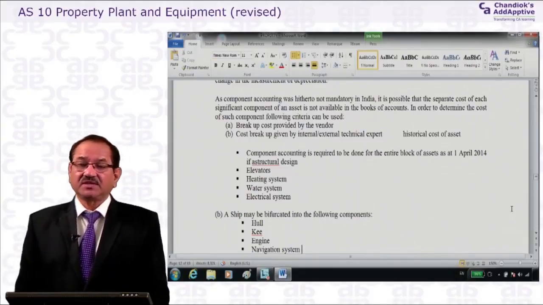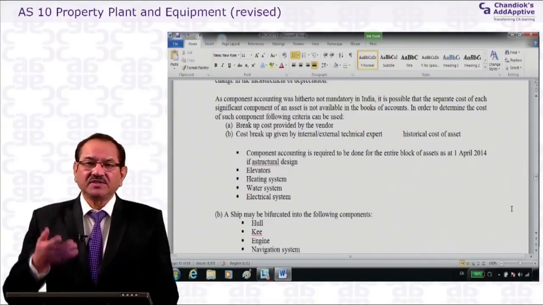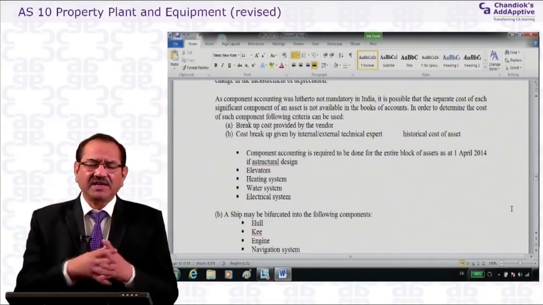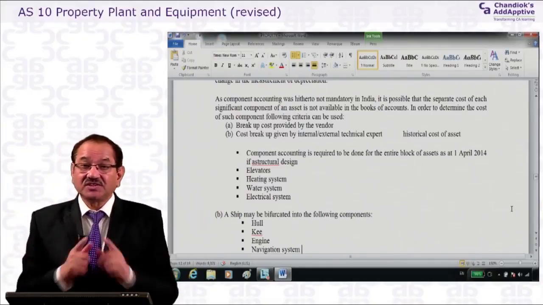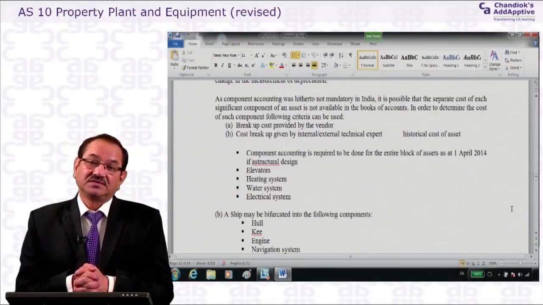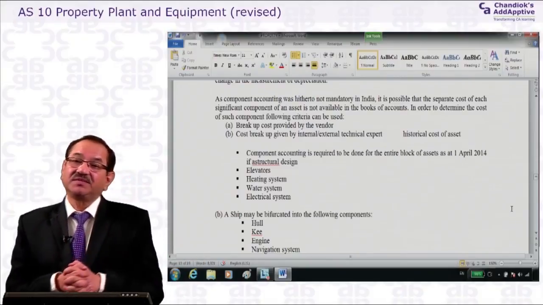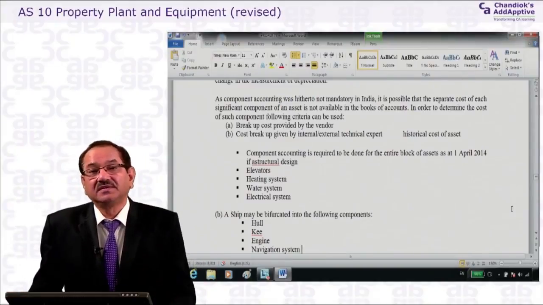It's a significant component. Those lifts or elevators have a life of only 10 years, whereas the building structure has a life of 50 or 60 years. Certainly, the depreciation on the lifts, which are part of the total building, has to be provided separately.